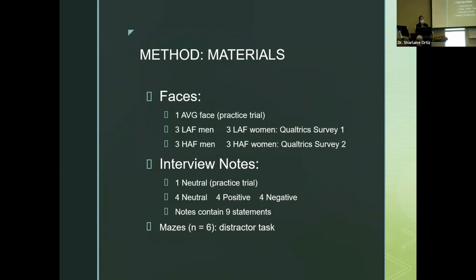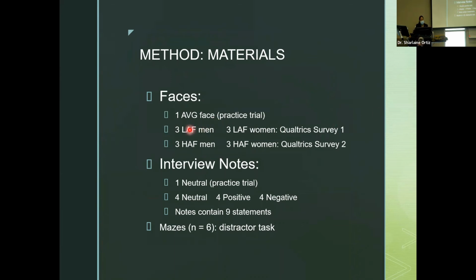And of course, one of the components of that method section that you're going to write about is that of materials. In regards to materials, what did we utilize? Well, the first thing that we utilized was the computer-generated faces. Notice that we had, for example, one average face, and that was the practice trial in regards to determine what would be considered average.